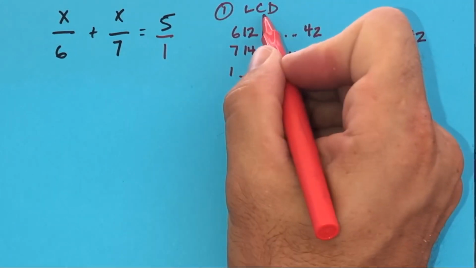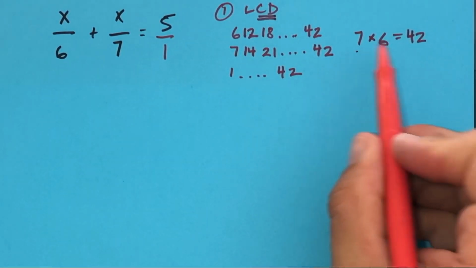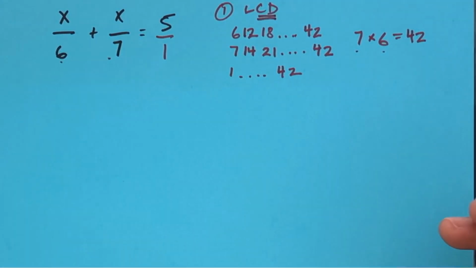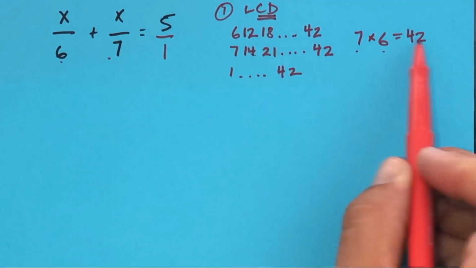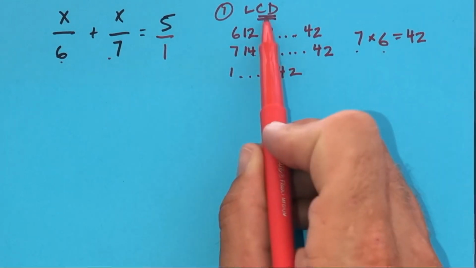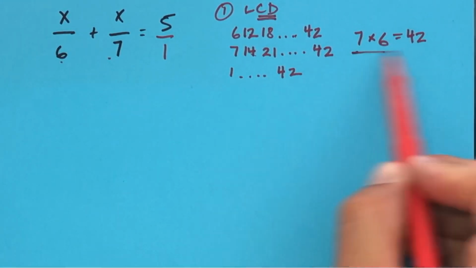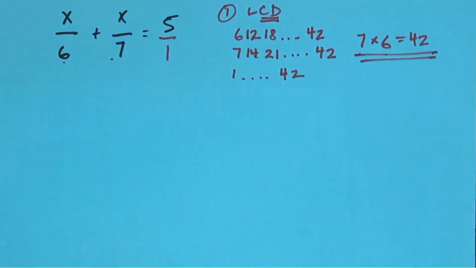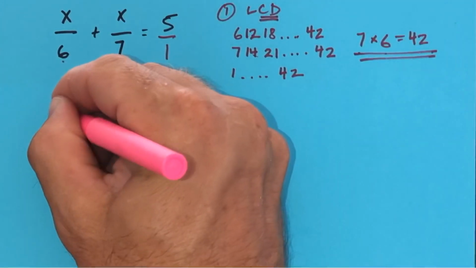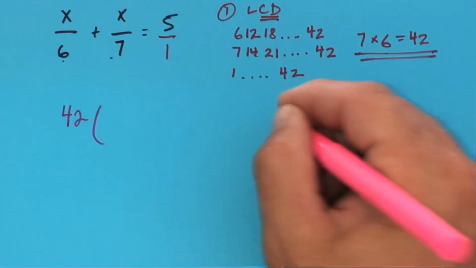You can always find a common denominator by multiplying 2 of your denominators together. Whether it be the lowest or not depends on your multiples. But in this case, multiplying these 2 numbers will in fact help me find my lowest common denominator. And here I have a big number. I'm using a big number as my parentheses number here.